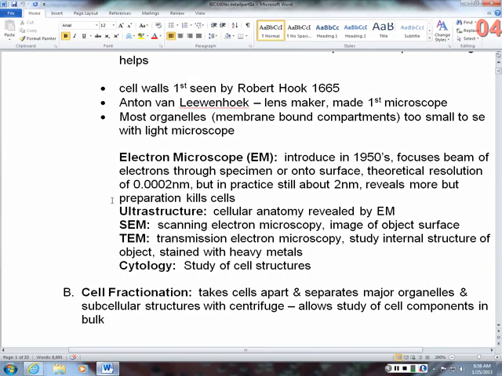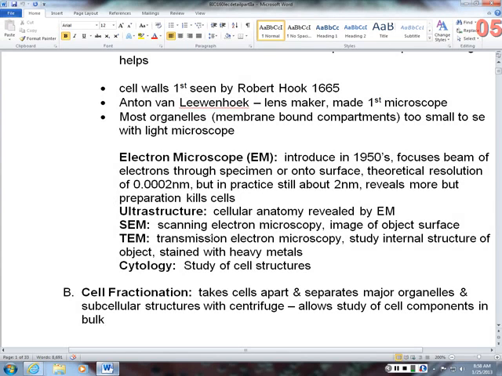So odds are, unless something changes in the near future, none of us are ever going to handle an electron microscope. Up at the UW, I know they had one, but they never allowed us to use it, we didn't even know where it was. They're extremely expensive pieces of equipment that they're just not going to let people at.